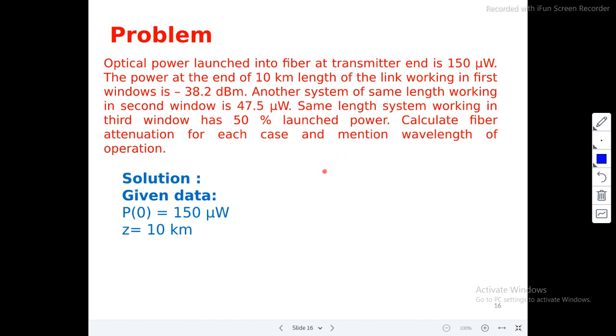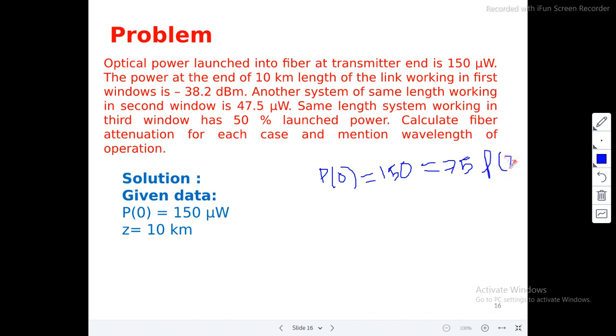The launched power P of 0 is equal to 150. So what is 50% of 150? That will be 75, and 75 is nothing but P of Z.